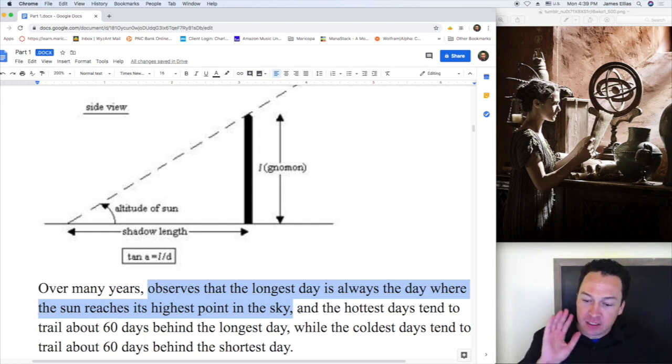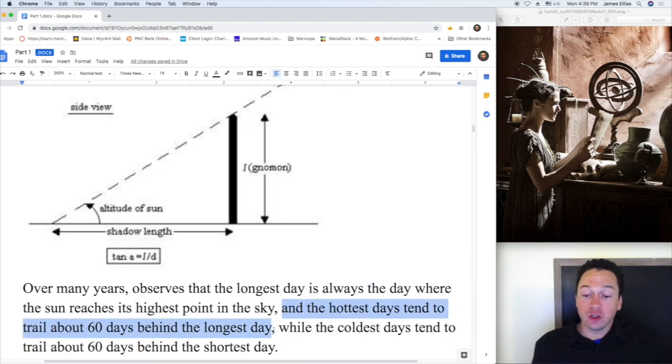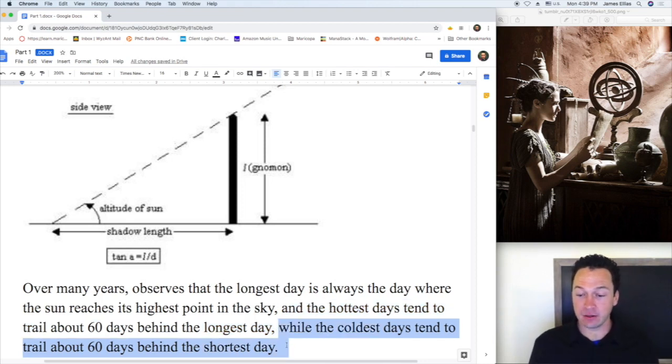What Anthropocleitus finds from keeping track of all of this in his records is that the hottest day of the year tends to trail behind the longest day of the year by about 60 days. That's pretty weird. And the coldest day of the year tends to trail about 60 days behind the shortest day.